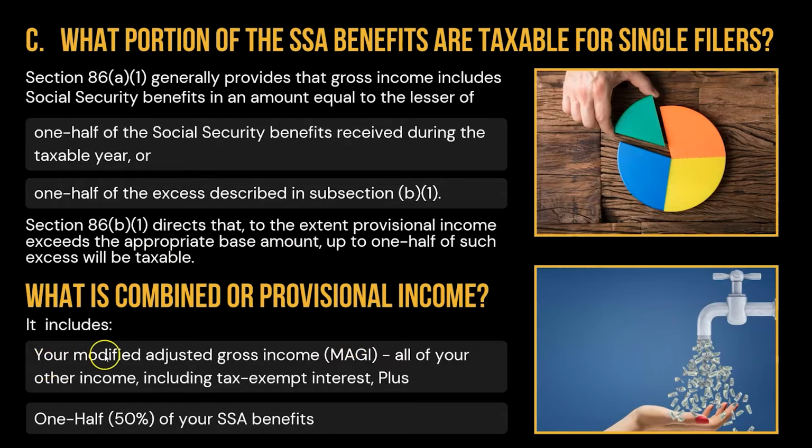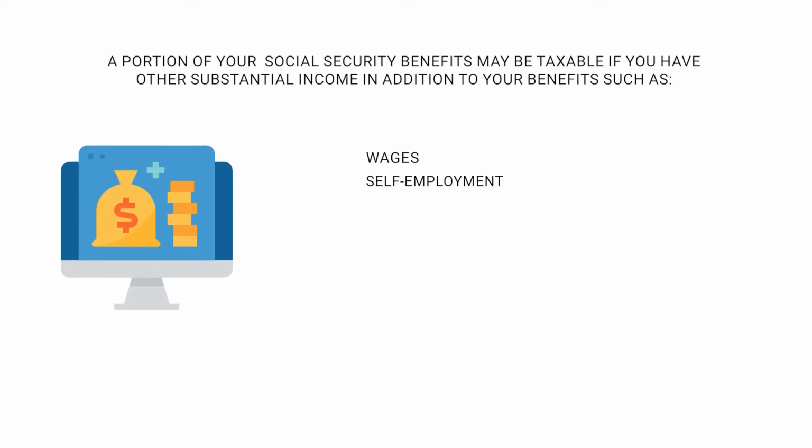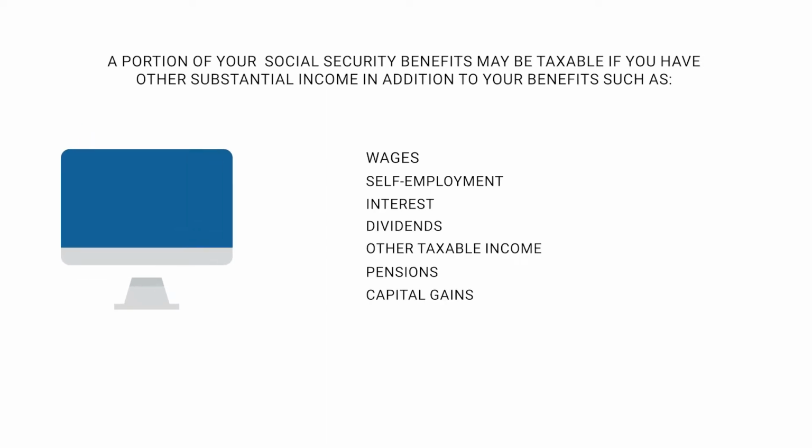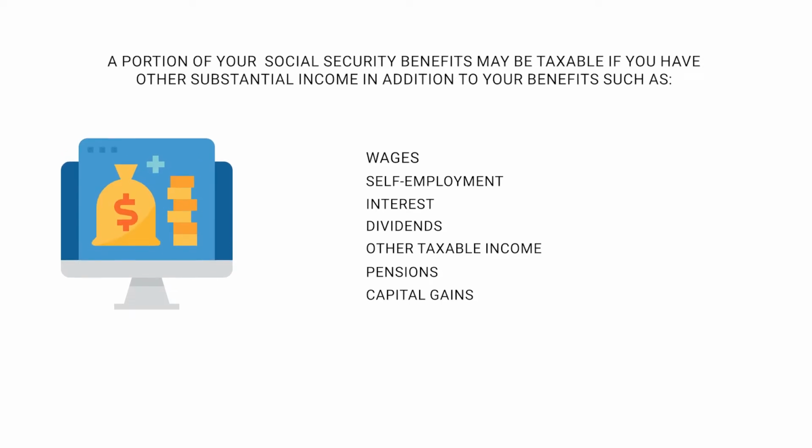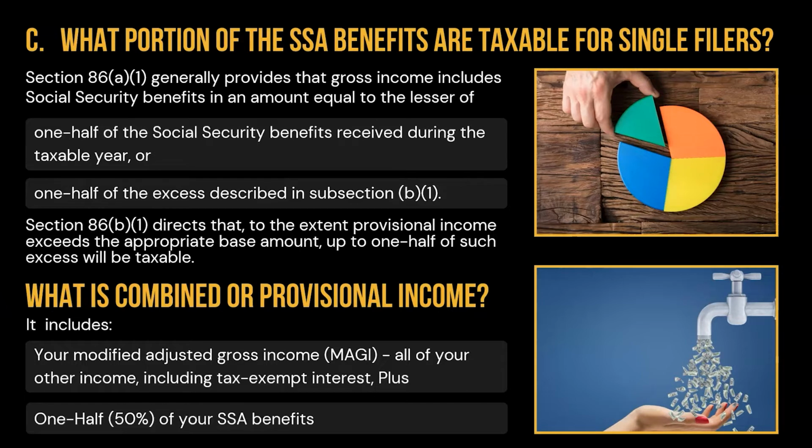Provisional income includes your modified adjusted gross income. That means all of your other income from all sources. It could be net self-employment income, interest and dividends, capital gains, wages, pension, and so many other types of income that you receive. And then once you've determined all the other sources of income, include tax-exempt interest.